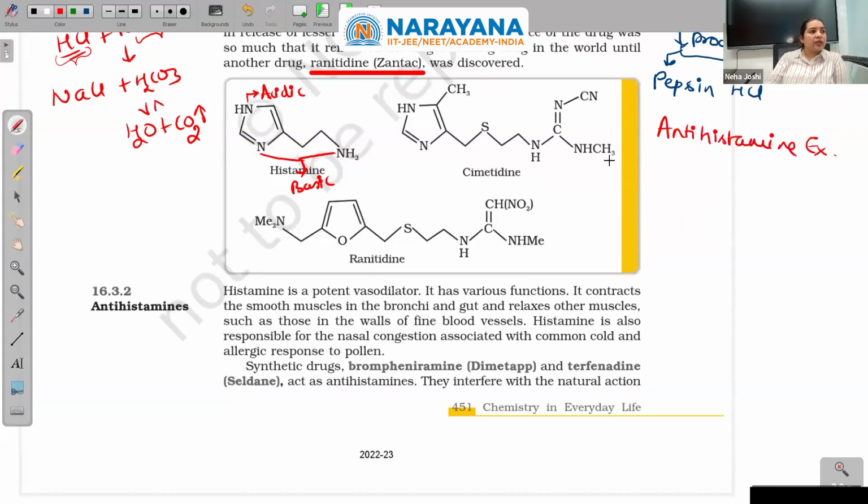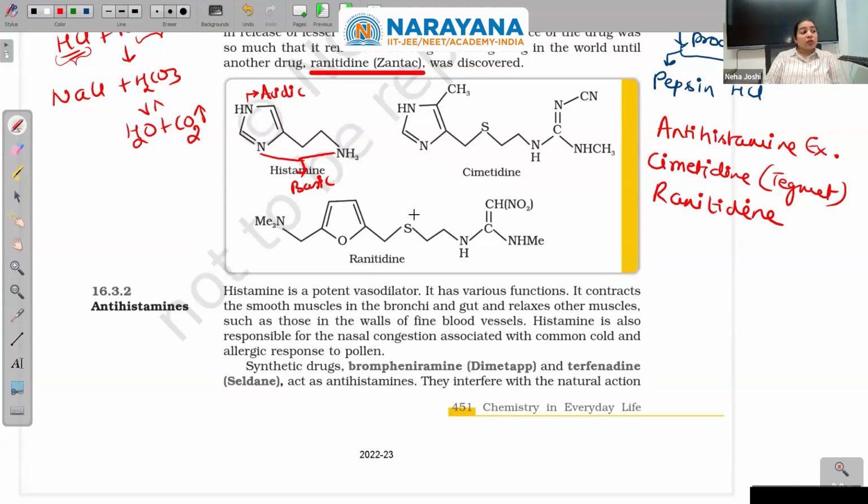Antihistamine example: the original was cimetidine, also Tagamet. Then came ranitidine.